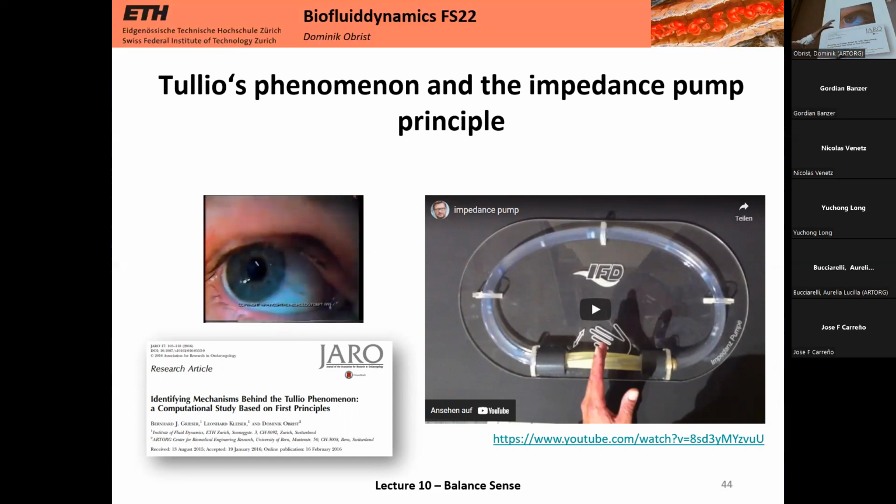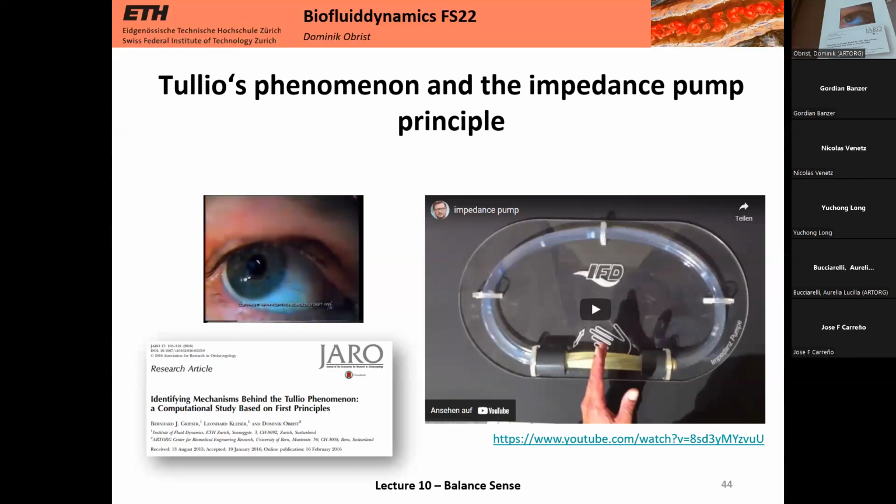Whenever the tone is on, it's tilting to the left. Okay, so whenever the tone is on, the eye is tilting by a few degrees per second to the left.